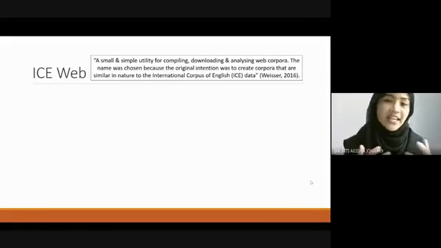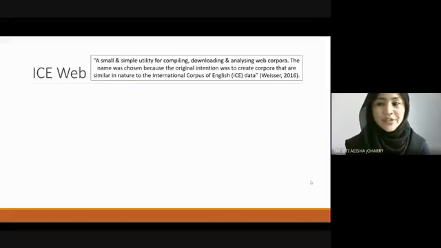Okay, so let's talk a little bit about IceWeb then. On Martin Wieser's website, he defines IceWeb as a utility for compiling, downloading, and analyzing web corpora. The name ICE is based on the acronym for the International Corpus of English.